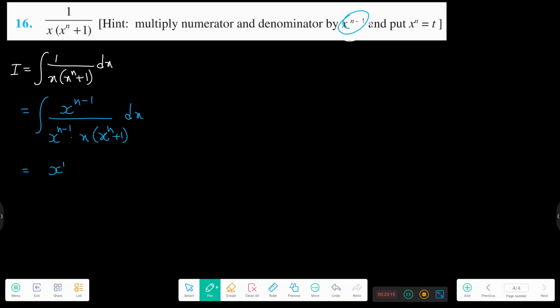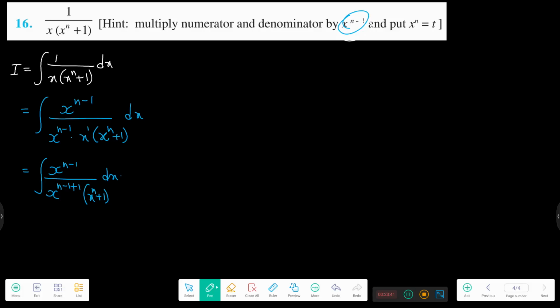So numerator x power n minus 1 will be as it is. And denominator, when the base is common you can add the powers, which means x power n minus 1, this x power 1 is the meaning. When you add the powers, I'm getting that plus 1, into x power n plus 1 into dx.